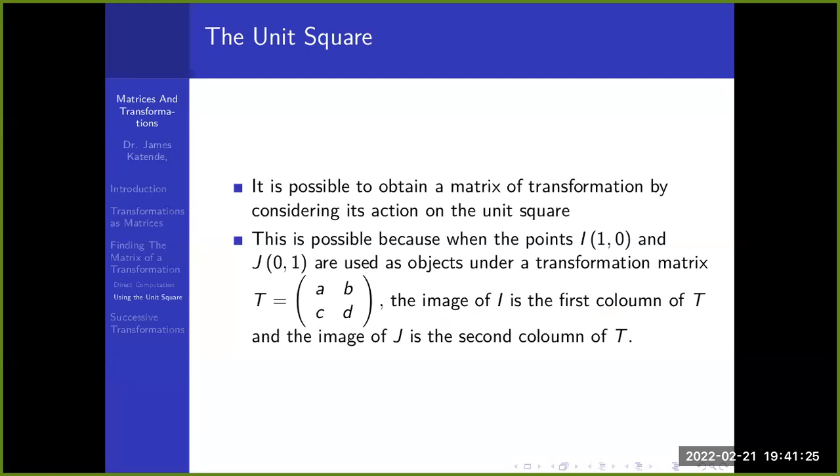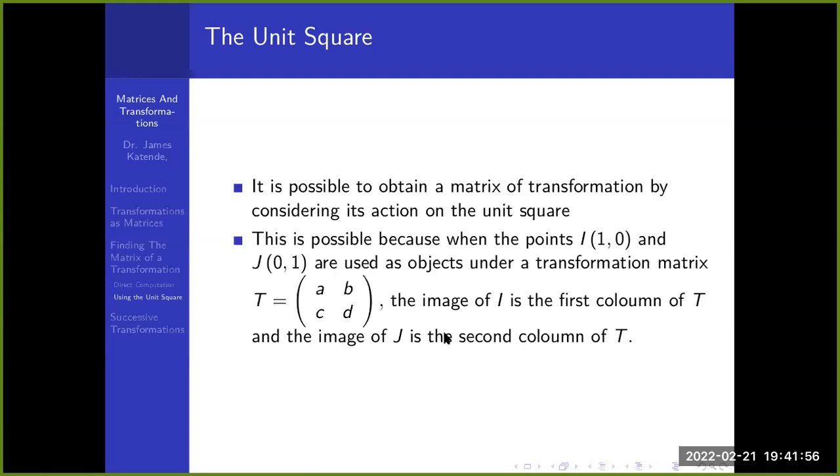The images of the points I and J are simply, in that order, the columns of the matrix of the transformation. If you're given any transformation and you find the image of I, which is 1, 0, and J, which is 0, 1, then the two images will form the columns of your matrix of transformation.